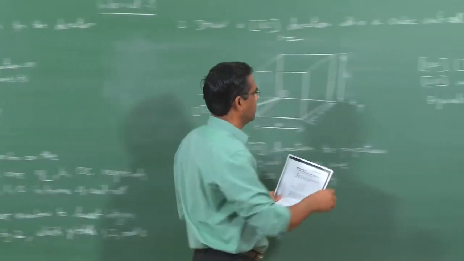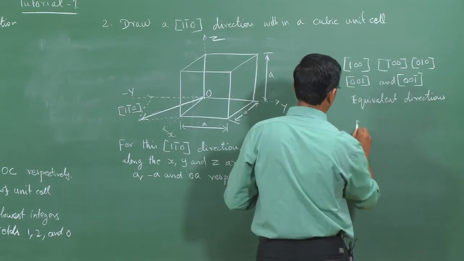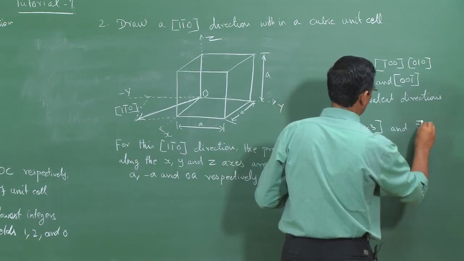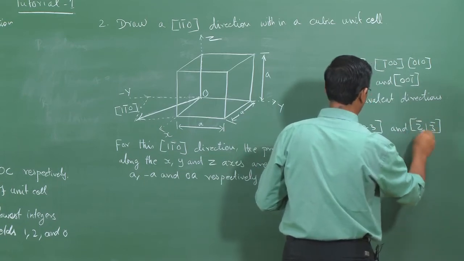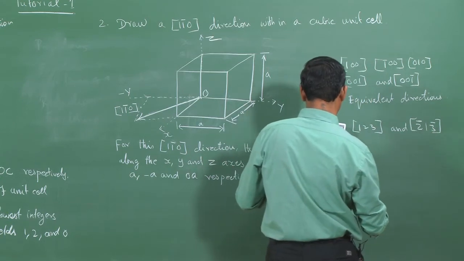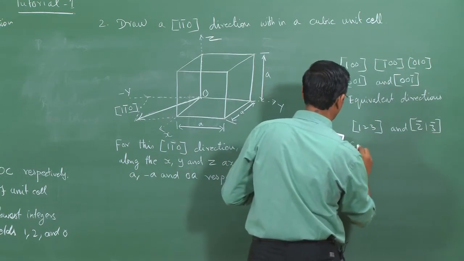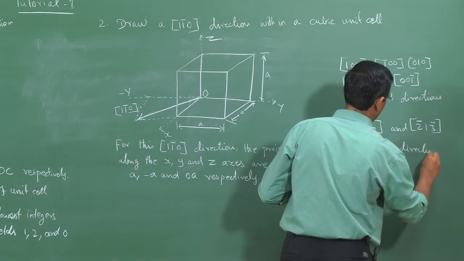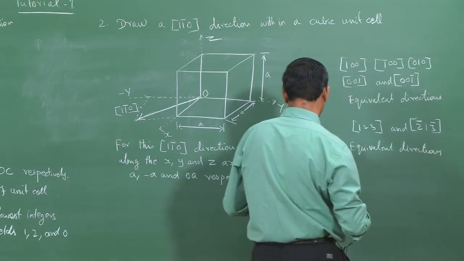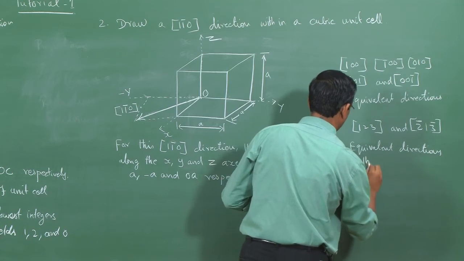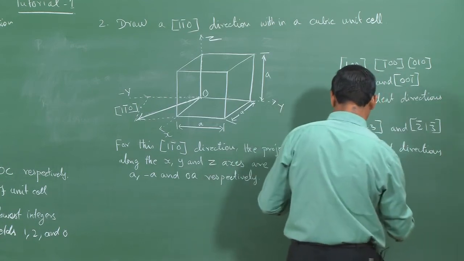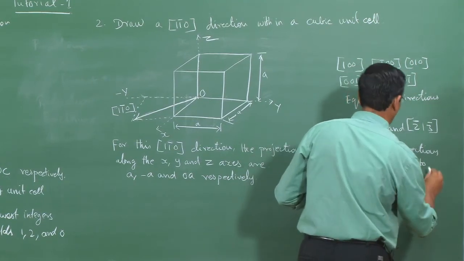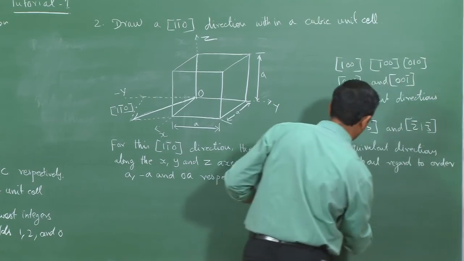So similarly, you can try this, for example, 1 2 3 and 2 1 3, or equivalent directions without regard to order or sign.